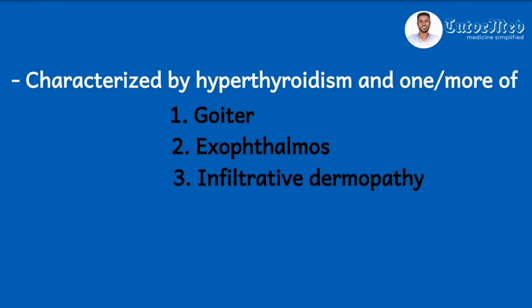It means there is skin involvement in the autoimmune condition, and so it is characterized by hyperthyroidism plus or minus goiter, or the patient might have eye issues or skin issues. Remember that goiter is the enlargement of the thyroid gland.